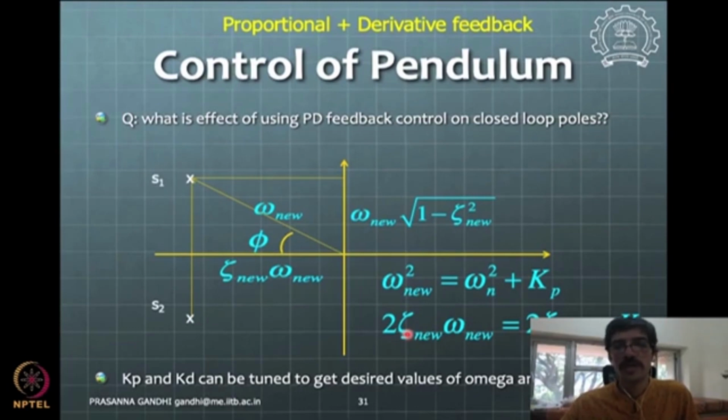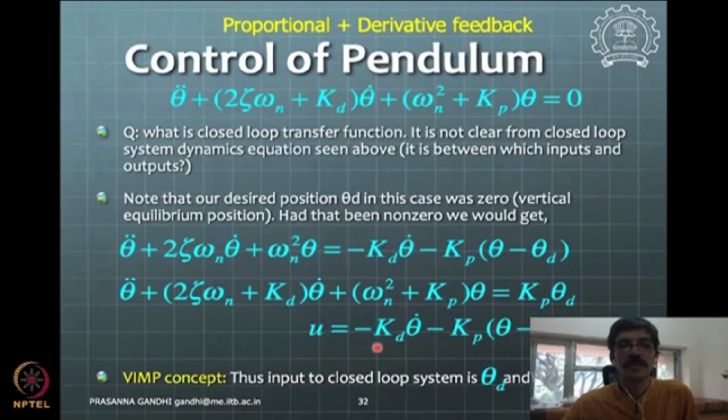So you can use the standard second order system specifications to design these values, and your problem will be solved here. Once we get this zeta, and your Kp and Kd are sized appropriately, then this is the final u, with theta d equal to some value.